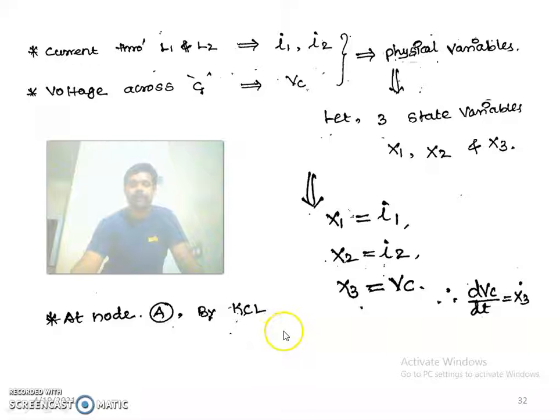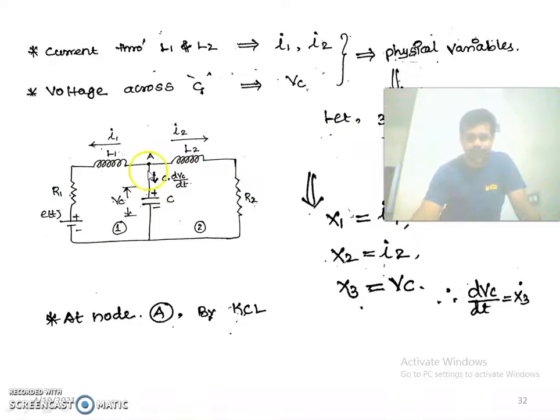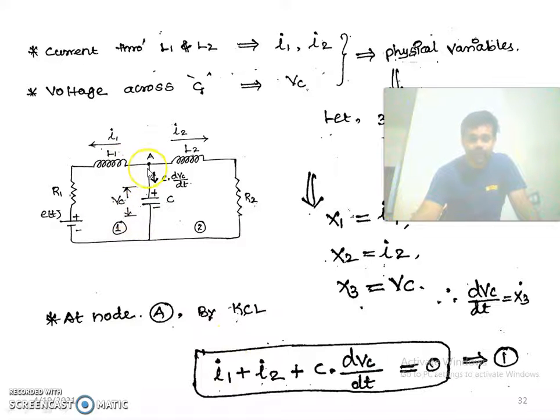Now we are applying Kirchhoff current law to node A. So this is the diagram, and we are applying Kirchhoff current law to node A. What is Kirchhoff current law?